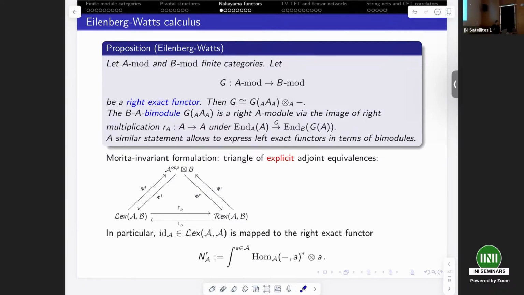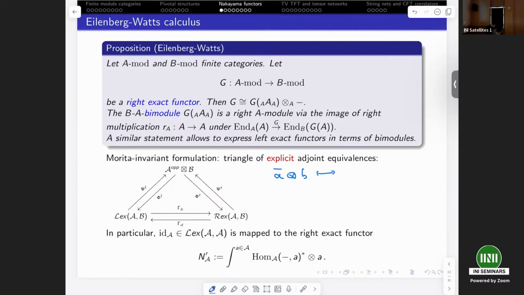And then you have very explicit equivalences. Actually, these are adjoint equivalences. For example, let me just write down one of them. If you want to take two objects, A and B, in our bimodule category, and you want to produce a functor, this is easy.